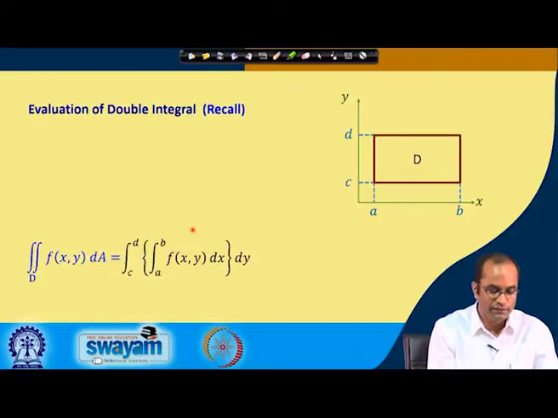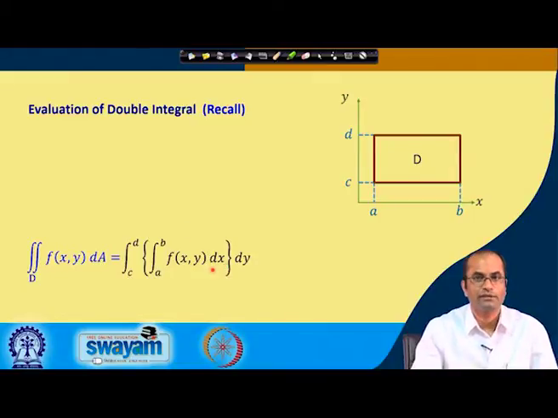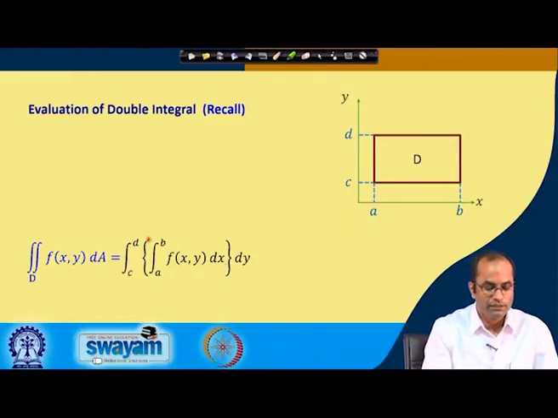Either we can integrate this function over dx, and the limit for x will go from a to b. So first evaluate the single integral with respect to x, and this will be a function of y which can be integrated in the second step with respect to y. The limits of y will be from c to d.